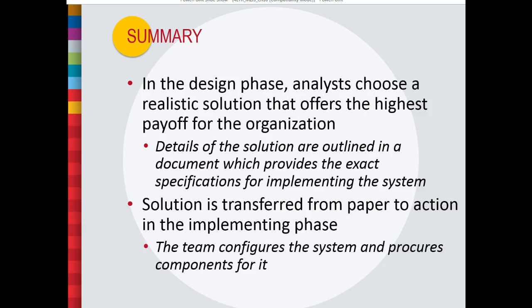In the design phase, analysts choose a realistic solution that offers the highest payoff for the organization. The detailed solution is outlined in a document which provides the exact specification for implementing the system, and that's a specification document. The solution is transferred from paper to action in the implementation phase. The team configures the system and procures the components for it.